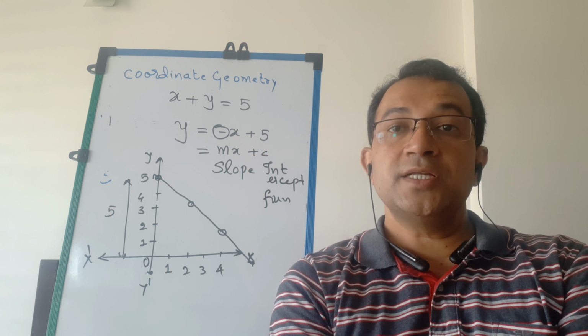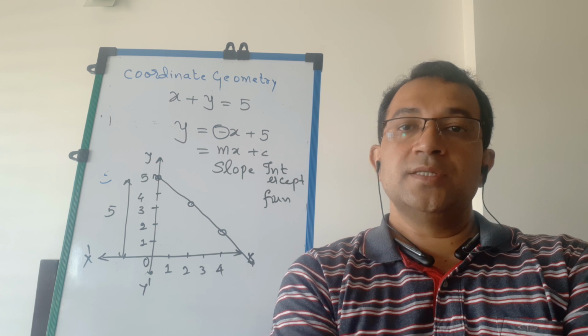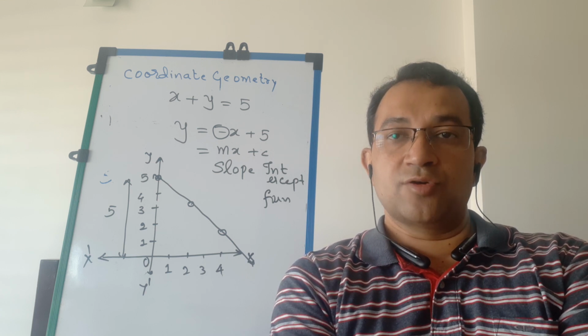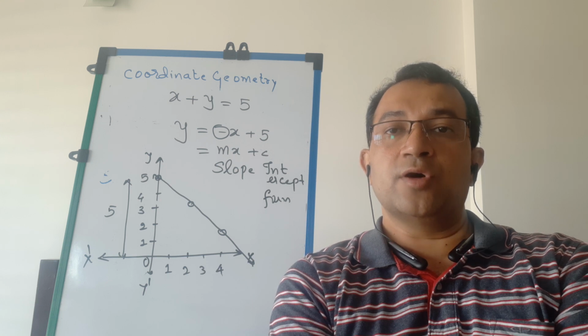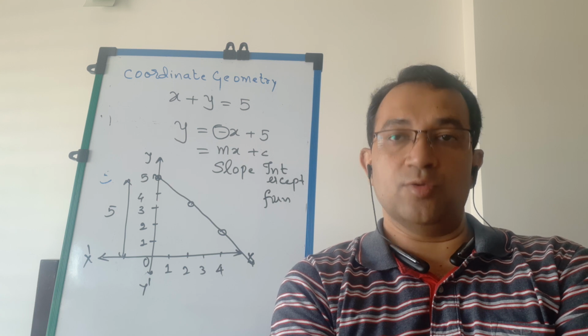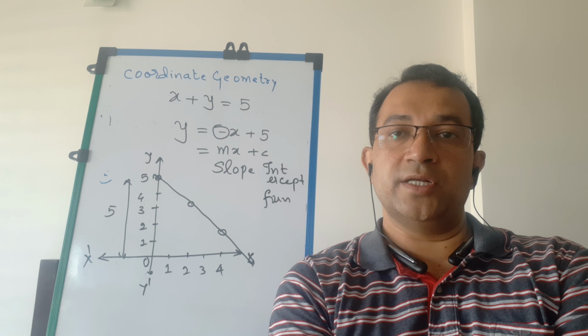The graph of a linear equation in two variables is a line. Then I told you what the slope of a line is. Whenever a line is drawn, it makes some angle with the horizontal, and with respect to that angle we define slope.